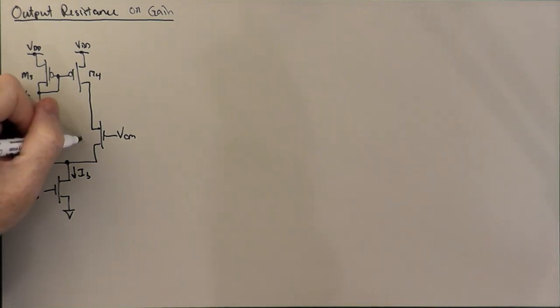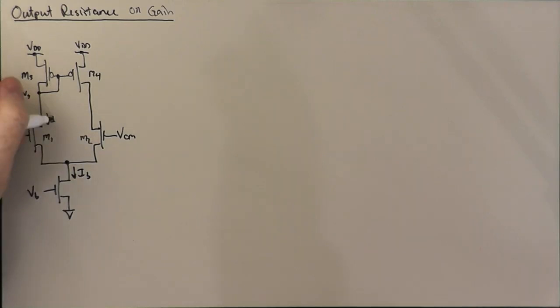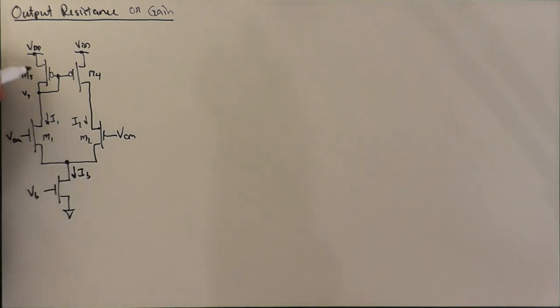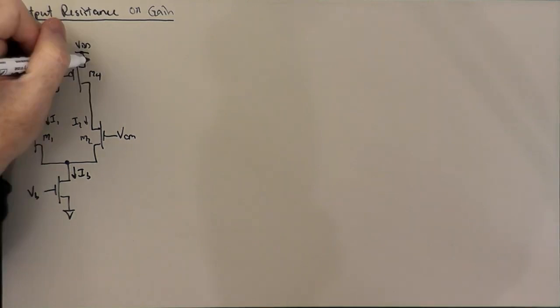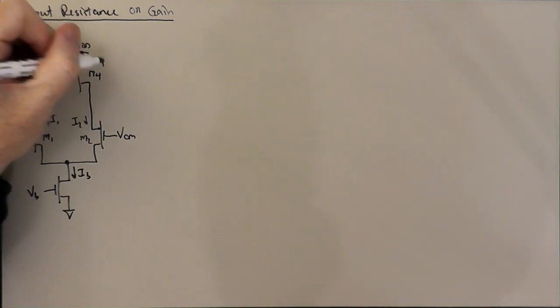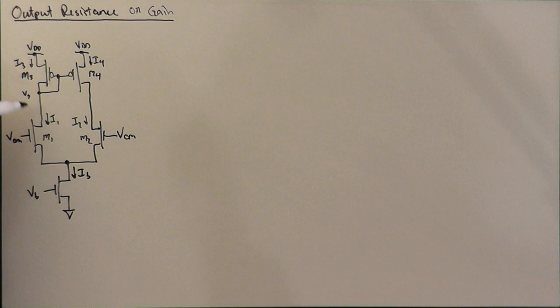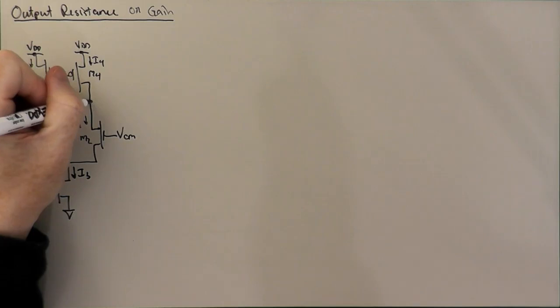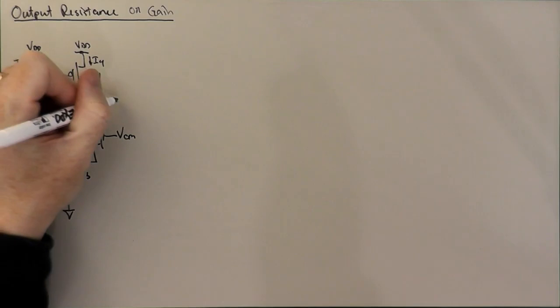M1, M2, we have two currents here, I1 and I2. We have currents in the current mirror of I3 and I4. And of course, these currents are all going to be around IB over 2 in this balanced state. Here we have V out.